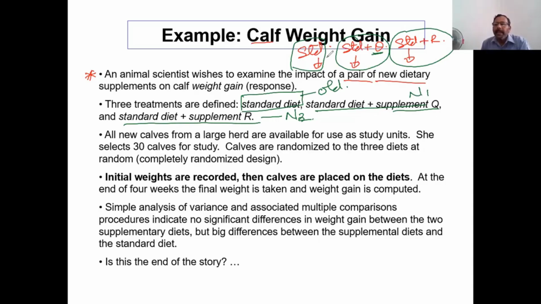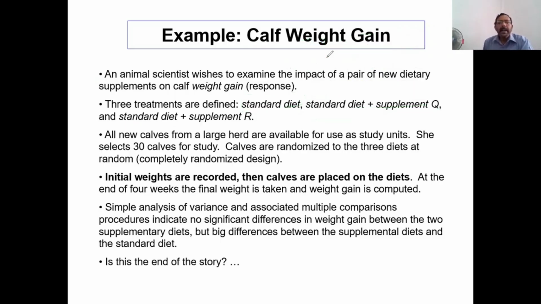So we can provide some additional minerals or nutrients or protein or whatever it is, right? We are incorporating some lacking minerals or nutrients into the feed. That is called a supplement, right? So remember, these are 3 different diets that we are going to test. I have already introduced what these 3 are.